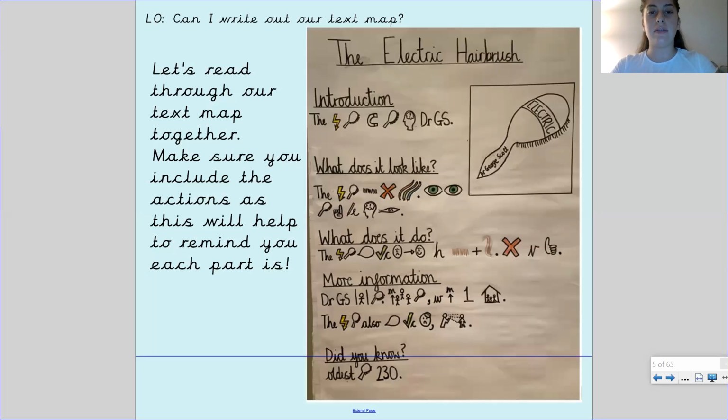Okay, so now that we have seen Miss Gossage again, are you ready to have a go at doing this together? Make sure that you do the actions as well. So, starting with the title, let's start from the beginning. The electric hairbrush. Introduction. The electric hairbrush was in fact a magnetic brush invented by Dr. George Scott.